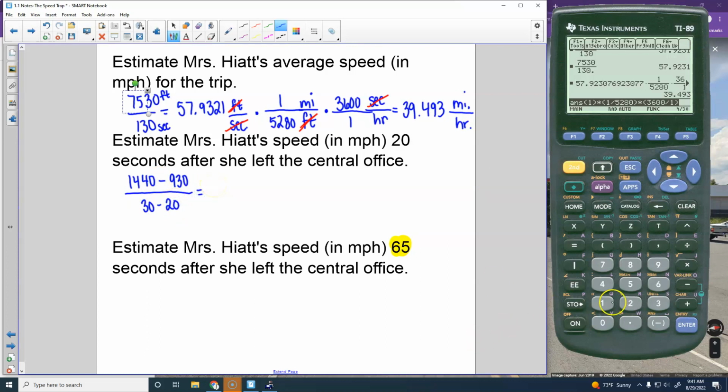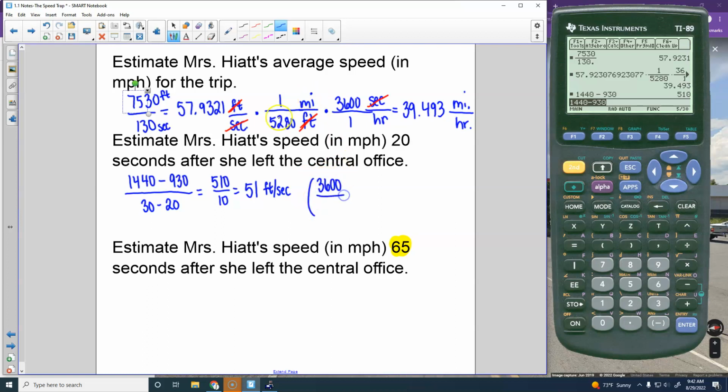And that is going to give me 510 over 10, which is going to give me 51. But remember, this is feet per second. And so to change it from feet per second to miles per hour, I can do that 3,600.